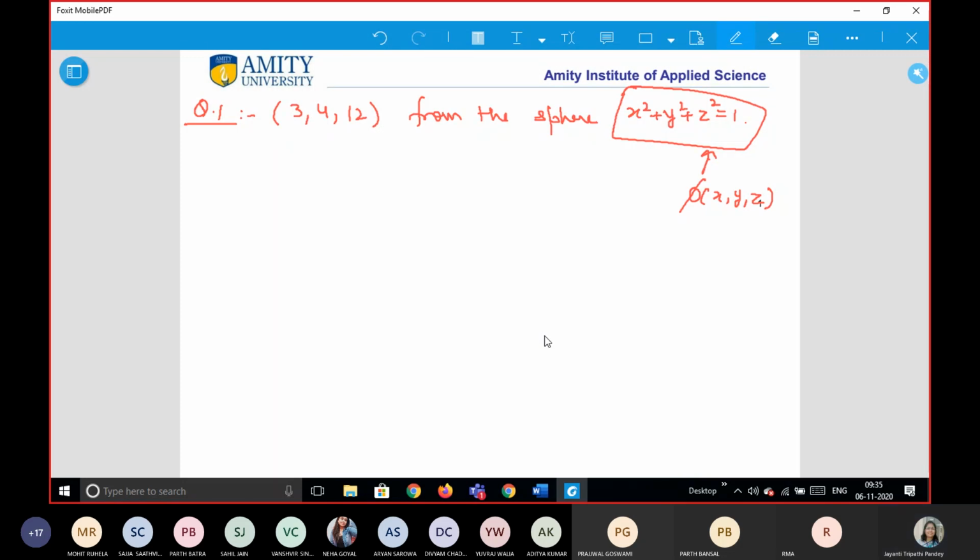Distance. So you are looking for the distance function, distance from any point on the sphere.